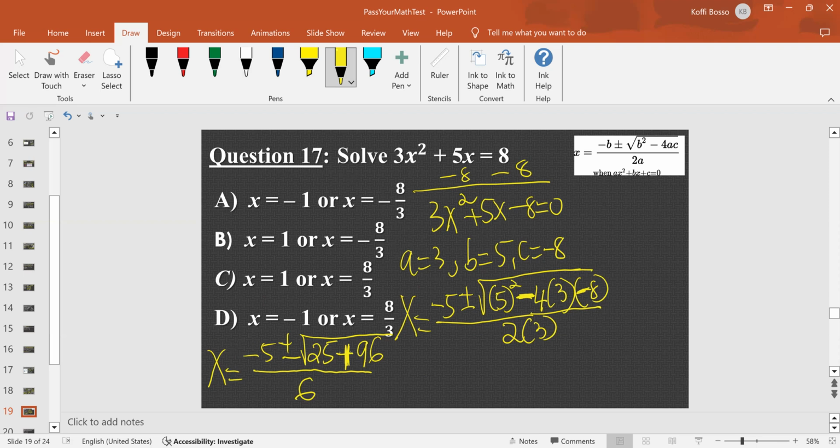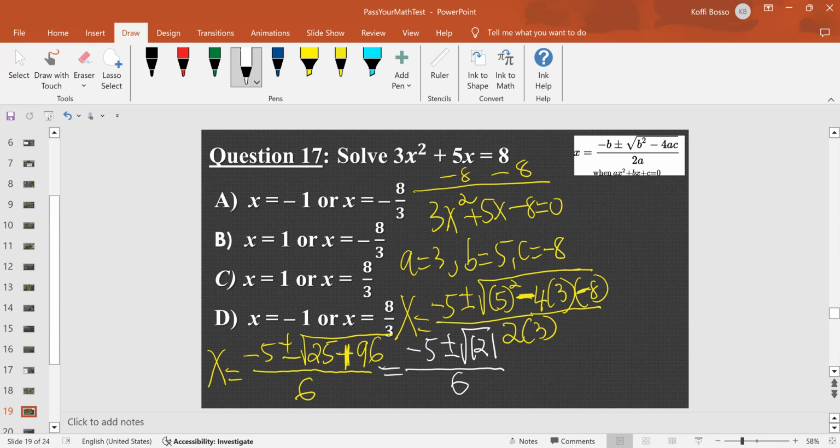Okay, now when you have 96, you add 25, and you get what? 121. So that means we have negative 5 plus or minus the square root of 121, divided by 6. 121 is a perfect square because there is a number multiplied by itself that gives you 121.